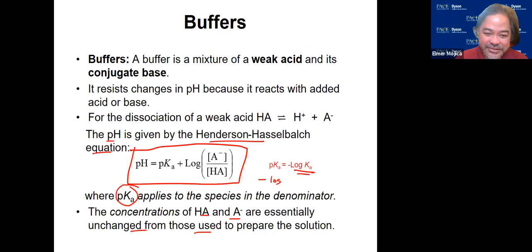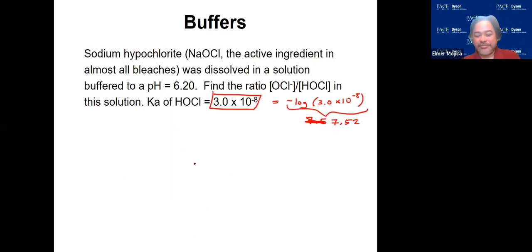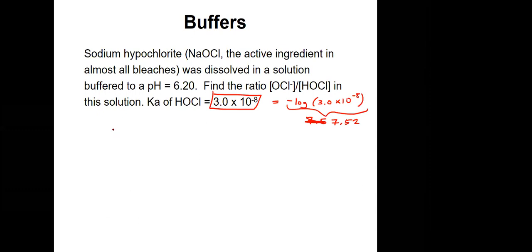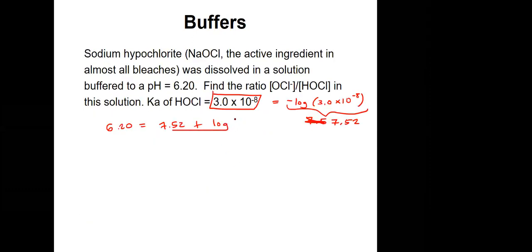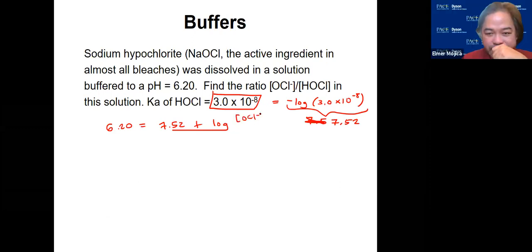So this is the Henderson-Hasselbalch equation. We have this, we have this. How are we going to set it up now? So it'd be 6.2 equals 7.52, and then plus log, and then the concentrations, which we don't know.